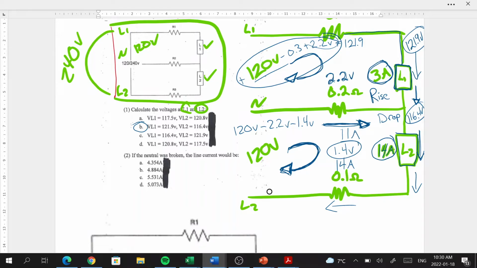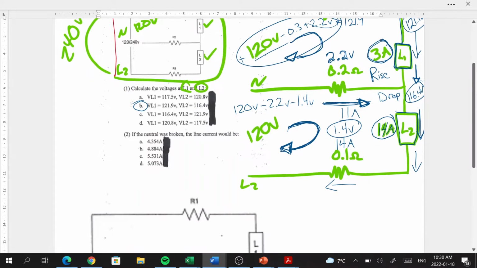If it was balanced and the neutral were to open, then you would still maintain that 120 volts or so along your load 1 and load 2. So what we've got to do to calculate with the neutral broken is figure out what the resistances are going to be on load 1 and load 2.